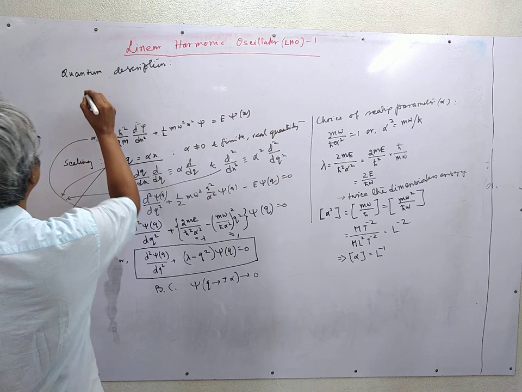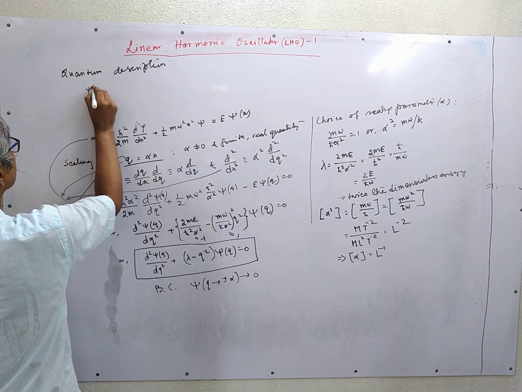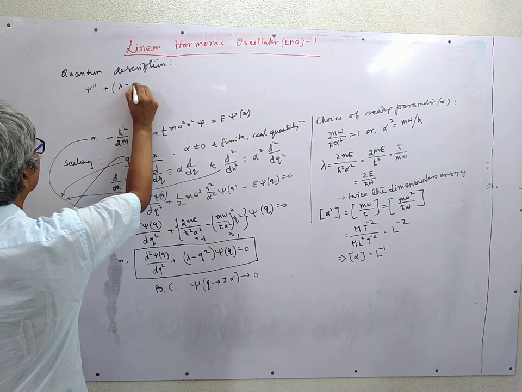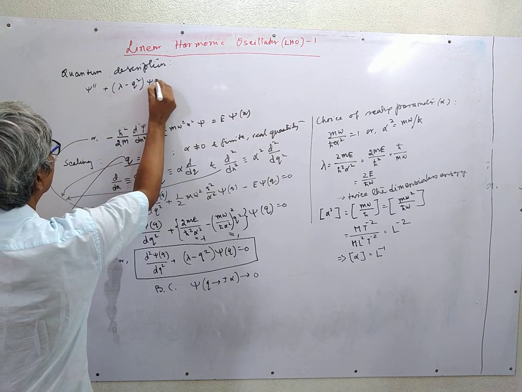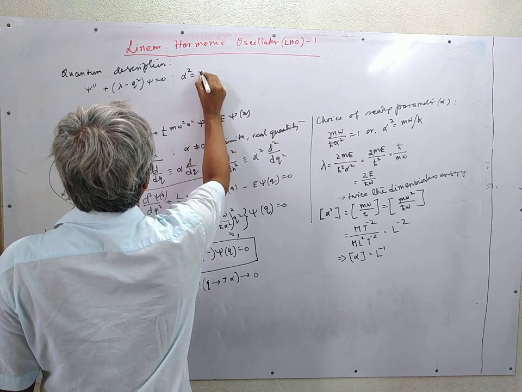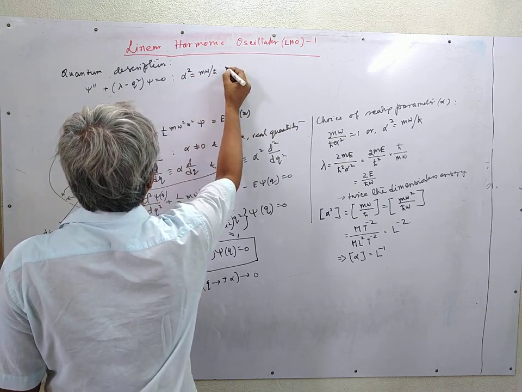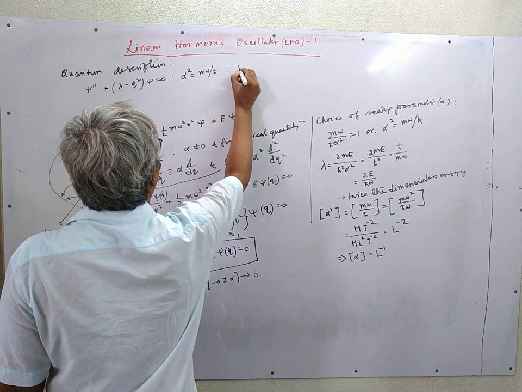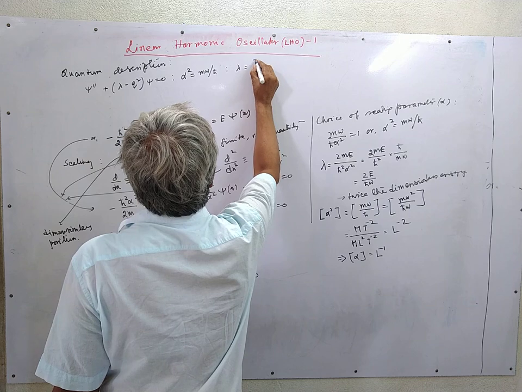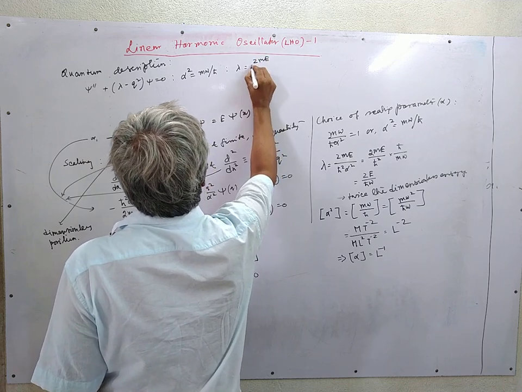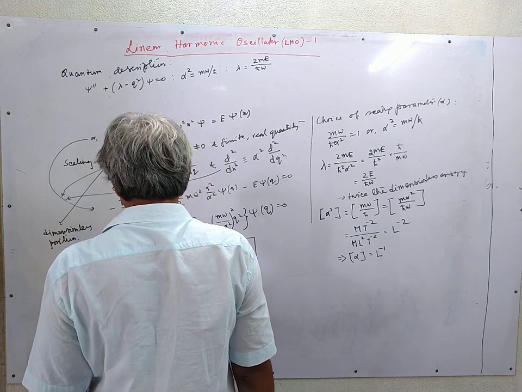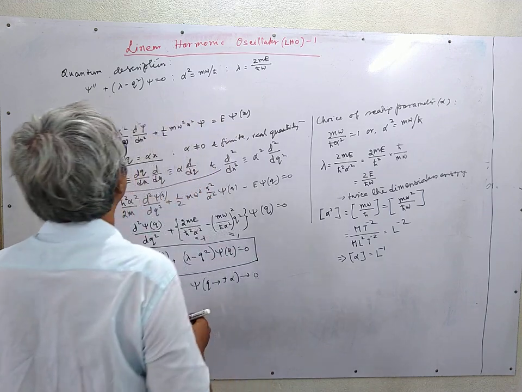So the quantum description now becomes this, with alpha squared equal to m omega by h-bar, lambda equal to twice mE by h-bar omega, and q the dimensionless position. This is our summary.